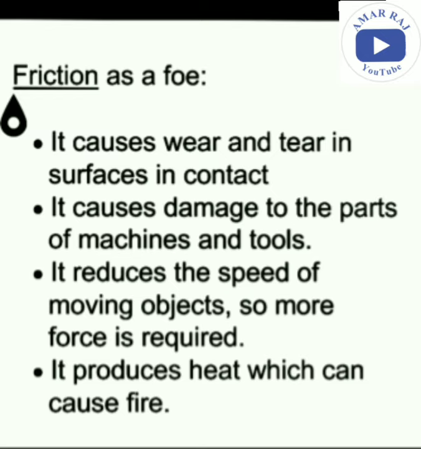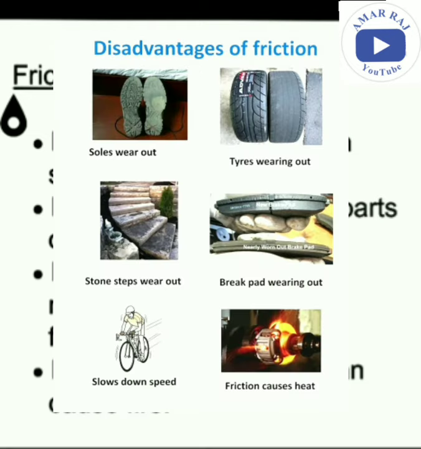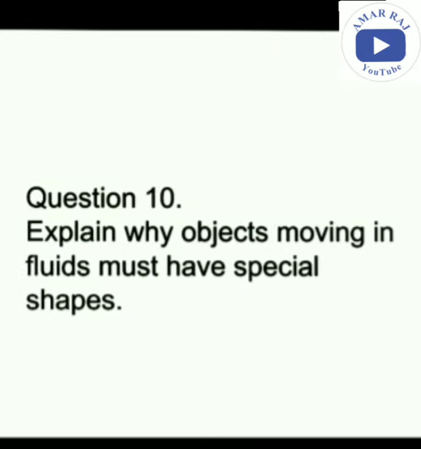This is a common example: moving parts of a machine sometimes become so hot that this heat damages the machine parts or can cause fire. So students, these were the examples which prove that friction is a foe, and this way we can explain the answer. Now see the last question, question number 10.